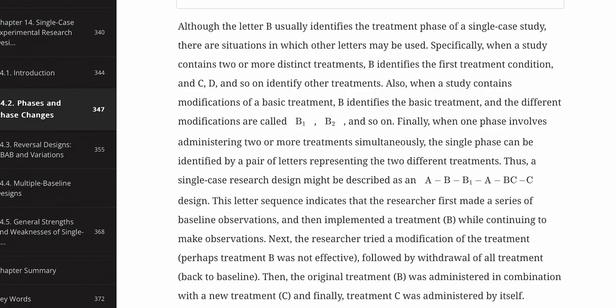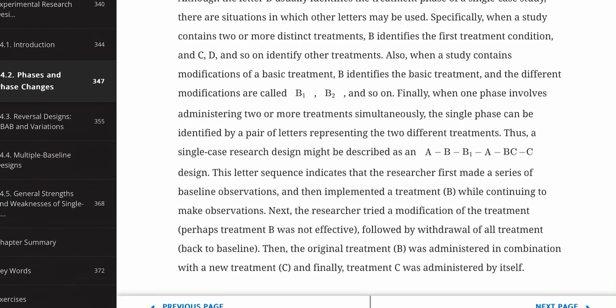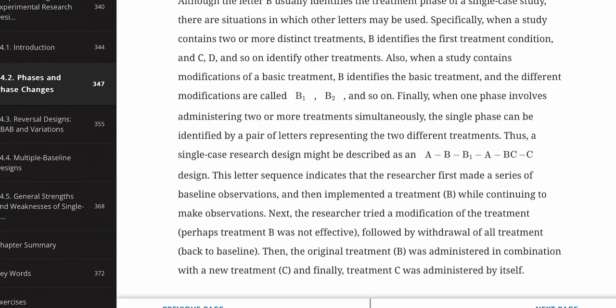Here, it also talks about something you could do, and this is very complicated. It says A, B, B1, A, B, C, and C design. What that would mean is that there was a baseline A, they did baseline observations, then they went into a treatment phase and introduced a treatment B. Then they made some small modification to treatment B based on what they saw in the second phase.